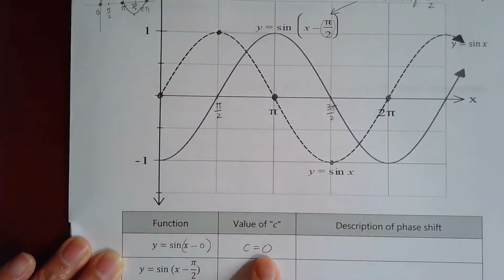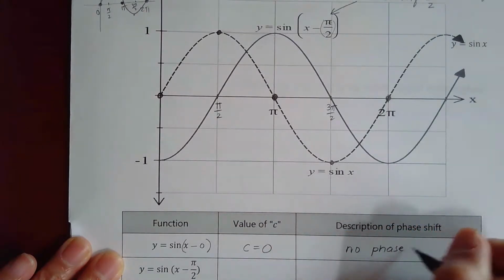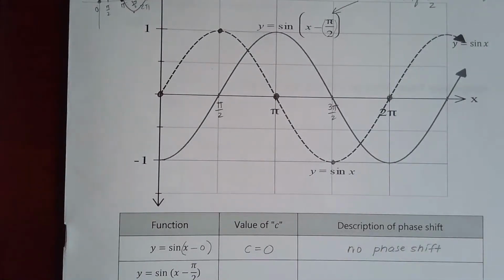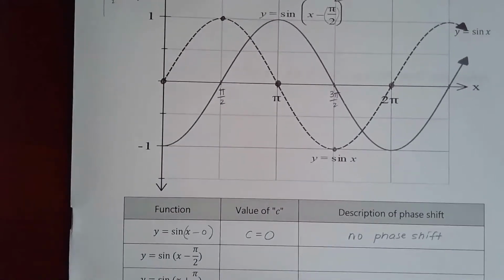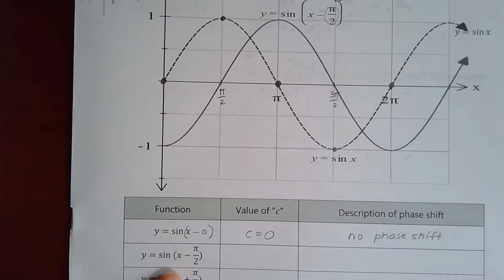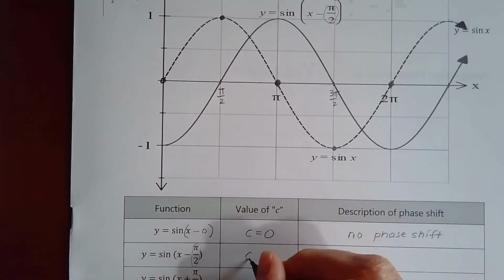So this is the description of phase shift: no phase shift. We don't shift it to the left and we don't shift it to the right. Now what about the one that we have on the graph up here? The c is going to be pi halves.